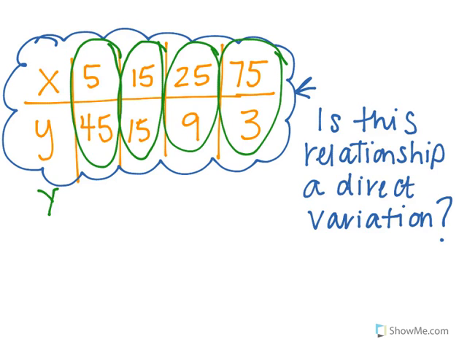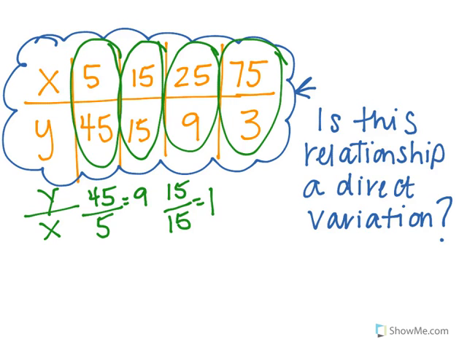So we're looking at y over x. For the first one, it's 45 over 5, which would give us 9. The second one is 15 over 15, and that's going to give us 1.